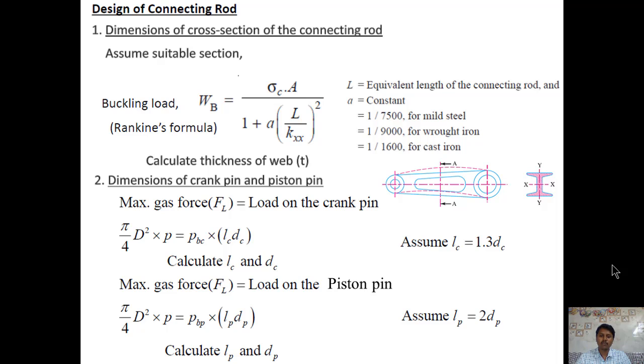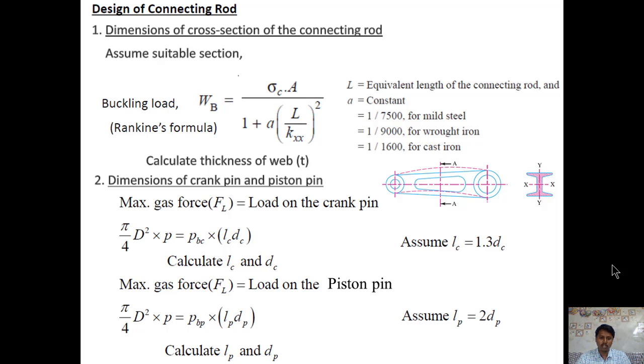Considering a circular piston, the area is pi by 4 D square, and the force is pi by 4 D square into p, where capital D is the diameter of the piston and p is the pressure acting on the piston. This is equal to PBC into LC into DC.